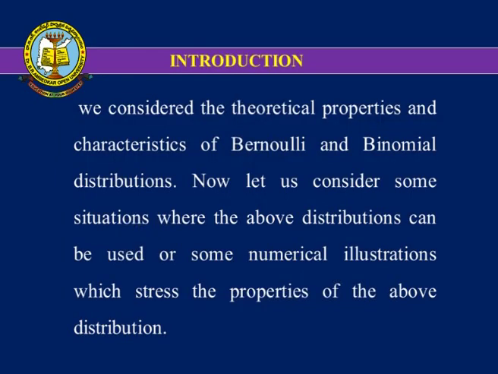Introduction. In Unit 1 of Block 1, we consider the theoretical properties and characteristics of the Bernoulli and binomial distributions. Let us consider some situations where these distributions arise. Some numerical illustrations and examples also I can give.